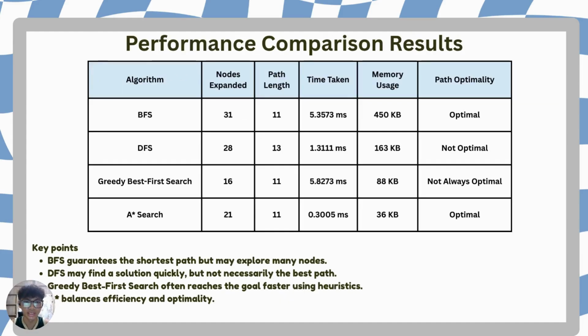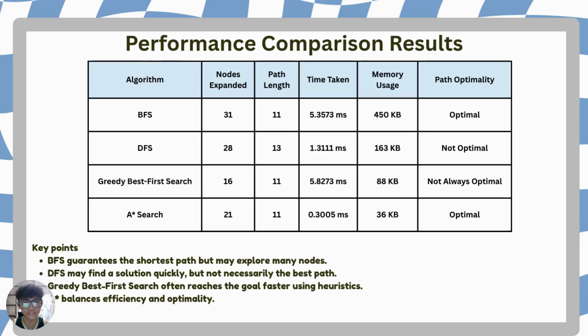Okay, next is the performance comparison result. Based on the result, A-star search performed the best overall. It found the optimum path length of 11, also recorded the fastest execution time, 0.3 millisecond, and used the lowest memory, which is 36 KB only.